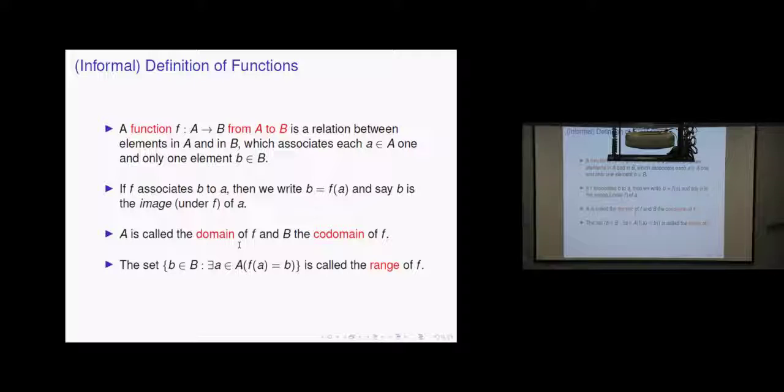The set of those small b in B which are hit by f, that is, I collect all the small b in B such that for some small a in big A, f of a is b, is called the range of f.